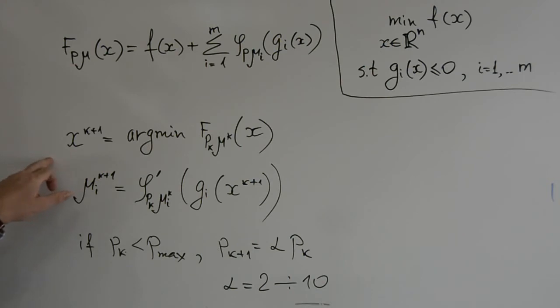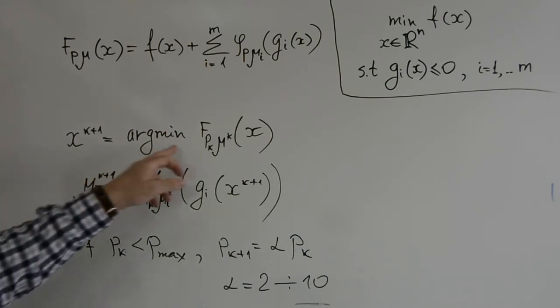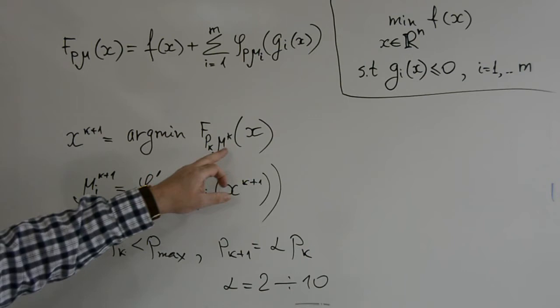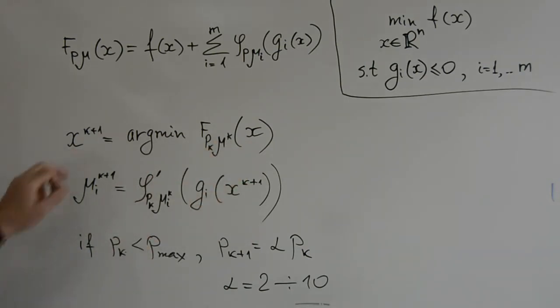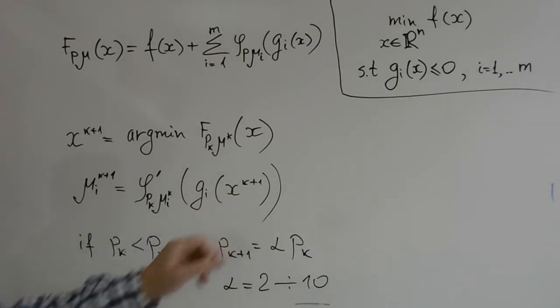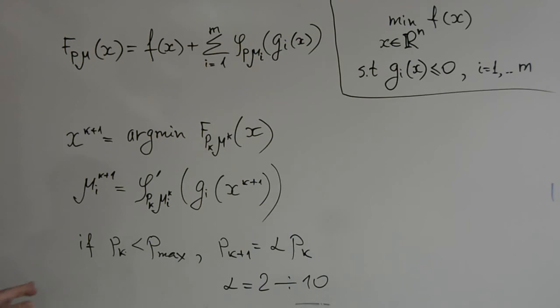At every iteration of the penalty multiplier or augmented Lagrangian algorithm, we minimize the aggregate with respect to x and get, in this way, a new iterate of x, and then we update the multipliers in the way that the derivative of every penalty function at the origin at the next iteration will be equal to the derivative of this penalty function at our current minimizer.